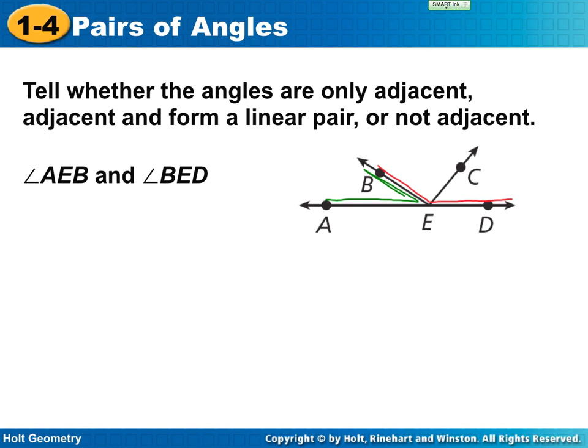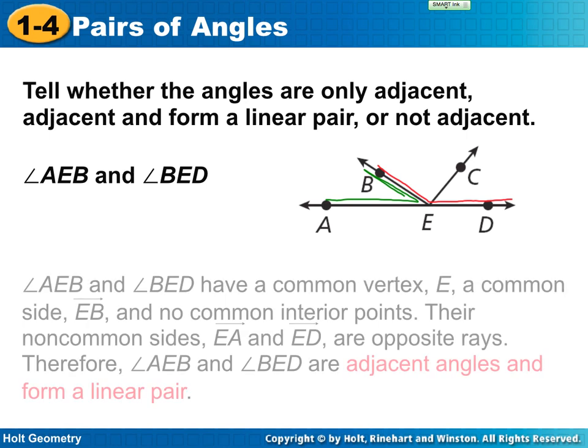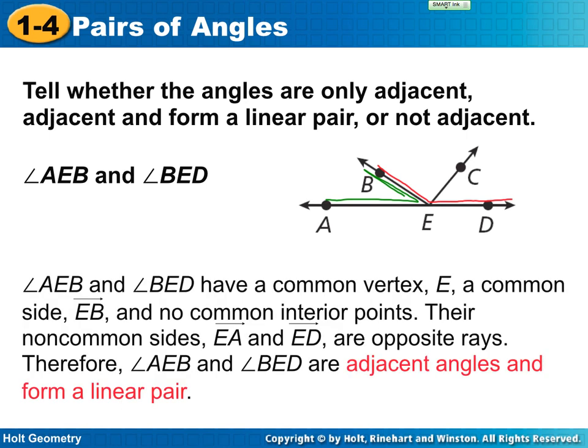Okay, show me. These should be adjacent and a linear pair. They are adjacent because the two angles each have ray EB as a side of it. That's the side of both of the angles that were named.